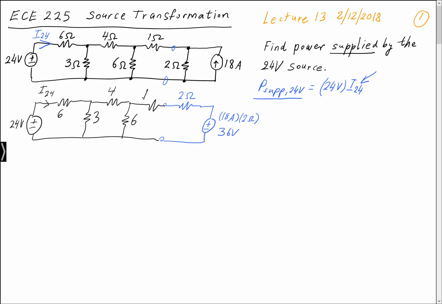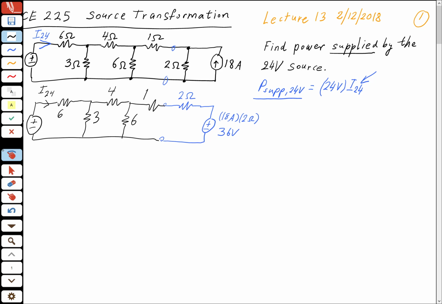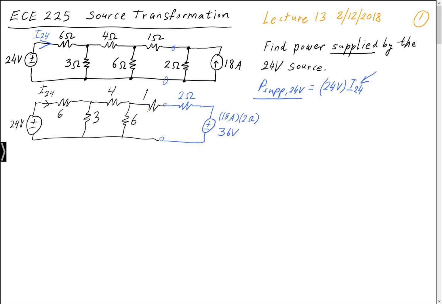So what happens now? What we see is that these two resistors are in series. So the 1 and the 2 ohm are in series. What we're seeing there is basically a 3 ohm resistor.